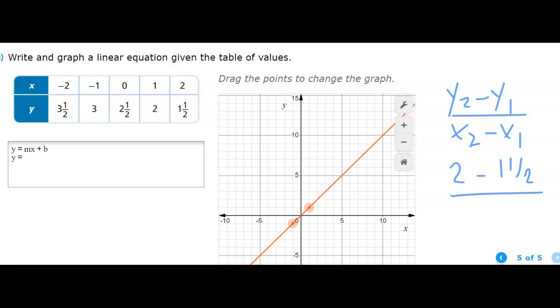My x2 is going to be the 2 minus the 1. So I get 2 minus 1.5 and 2 minus 1. This will be 1.5 over 1. And so my slope would then be 1.5.